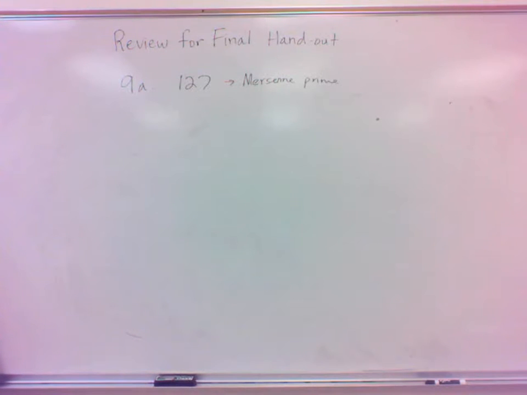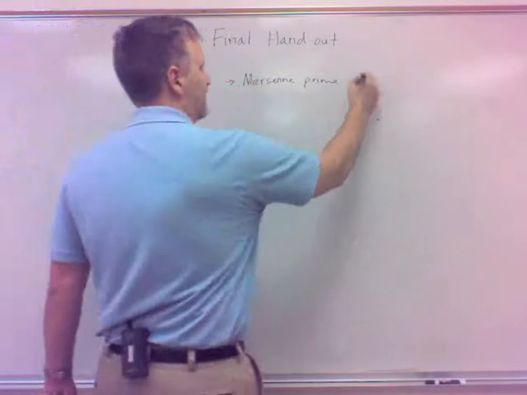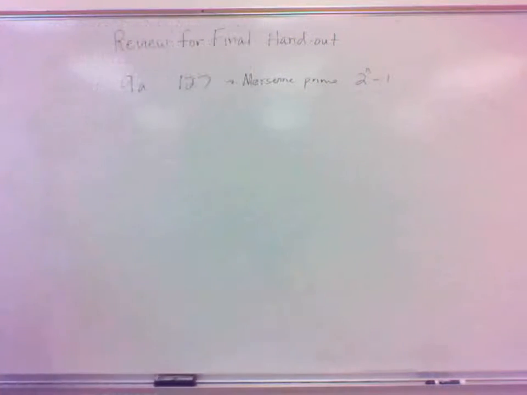What do I mean by Mersenne Prime? A Mersenne Prime is a prime that you can write in a certain way. Remember what the way is? It's 2 to a power minus 1. There's a power of 2 minus 1 that gives me 127. So you just have to figure out which power it is.